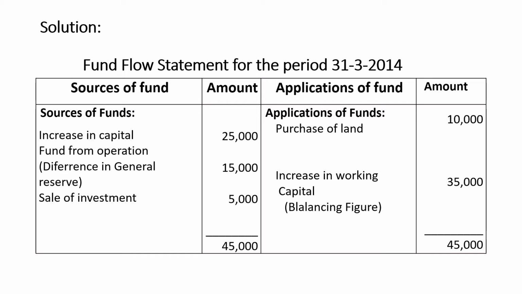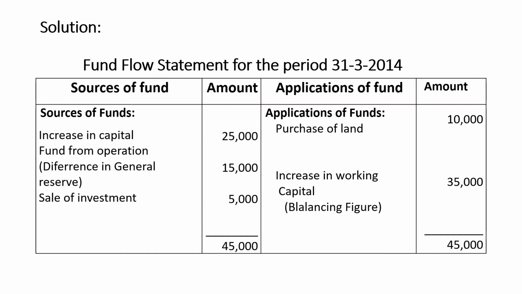Application of fund. Purchase of land. See the value of land for the year 2013, 20,000, and 2014, 30,000. It indicates the land purchased during the year is 10,000 and it affects the outflow of fund during the year.